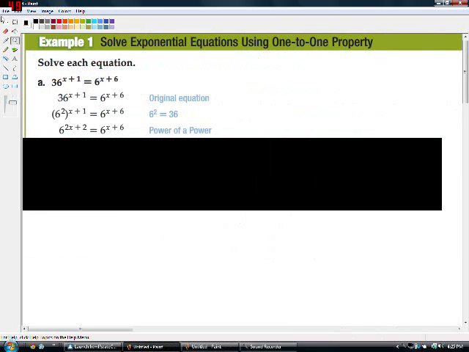The equation here: 36 to the x plus 1 power equals 6 to the x plus 6 power. Now, if you know your factors, you can tell that 36 is 6 squared. So you distribute that 2 to the rest of the exponent. Power of a power property.